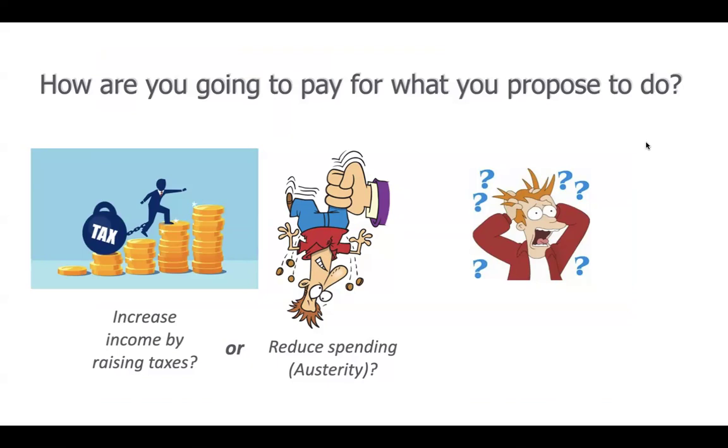And of course, there is an assumption that in order to pay for what they promise to do, often very generous promises, they've either got to increase their taxes in some way or other, so increase their income, or reduce their spending in other parts of the economy or other parts of the program, and therefore deliver what is basically an austerity type of program. And of course, this has been the case in the UK for some years now. But actually, the point I want to make in this video is it's the wrong question.